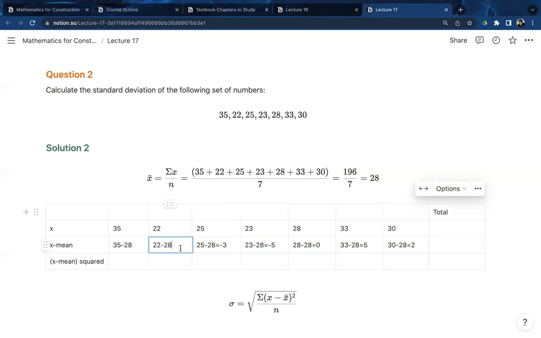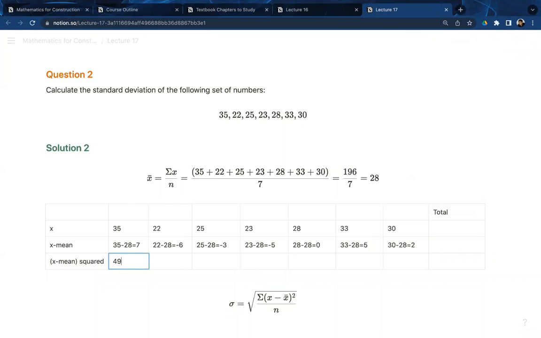Negative 3. Negative 6. These values look right, guys. 35 minus 28 is 7.